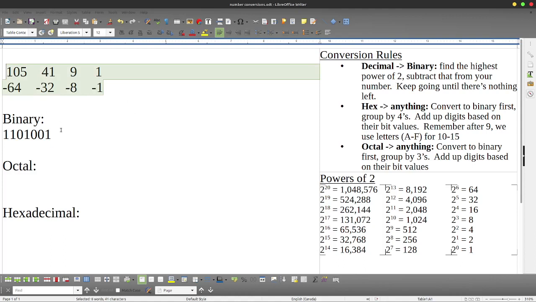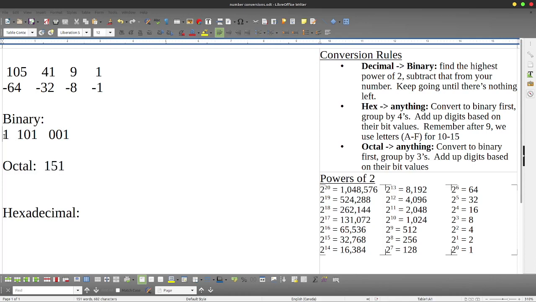I'm going to take this same binary number that we already have here, and I'm going to convert it to octal. So if I do that, we have 3 bits here. So that's going to be a 1, 2, 4. That's going to be a 1. 1 plus 4 is 5. And a 1 there.